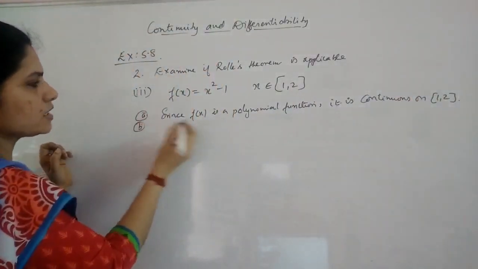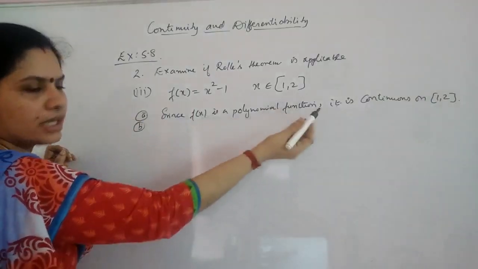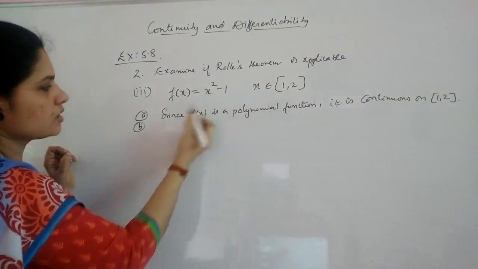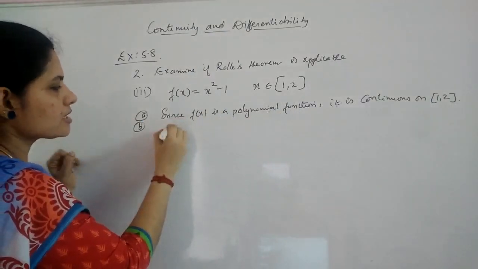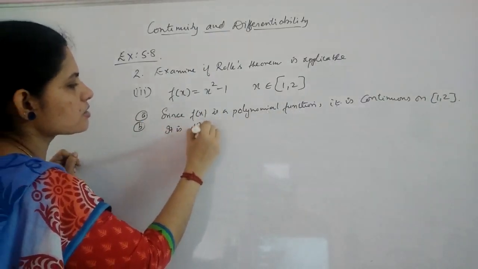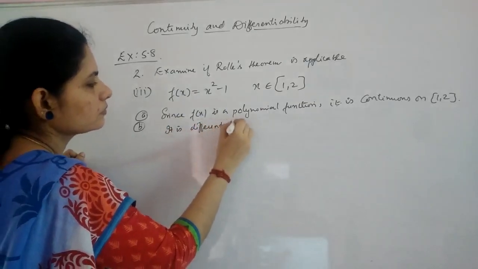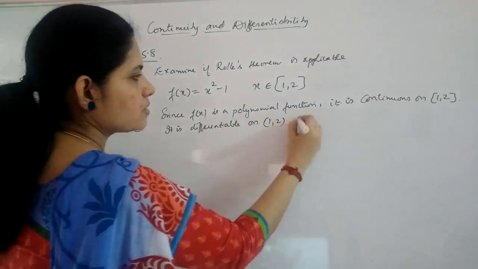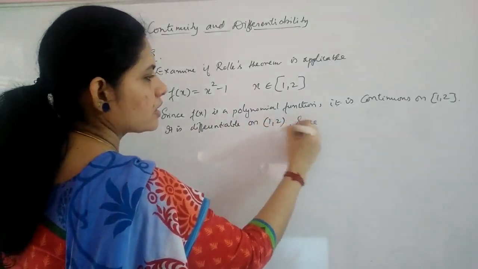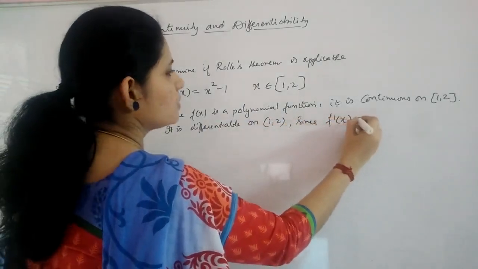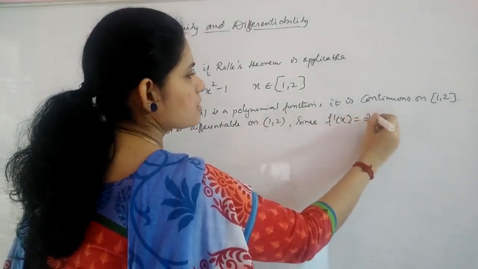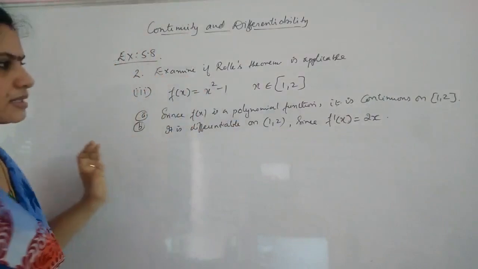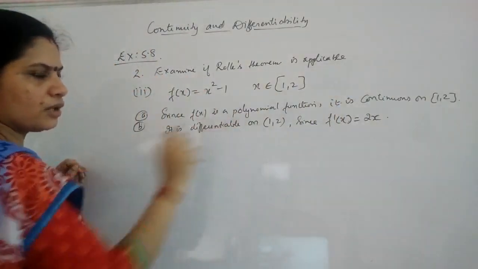For the second condition, a polynomial function is differentiable, so it is differentiable on open interval 1 comma 2. Its derivative is f dash of x equal to 2x. So it is continuous in the closed interval and differentiable in the open interval.